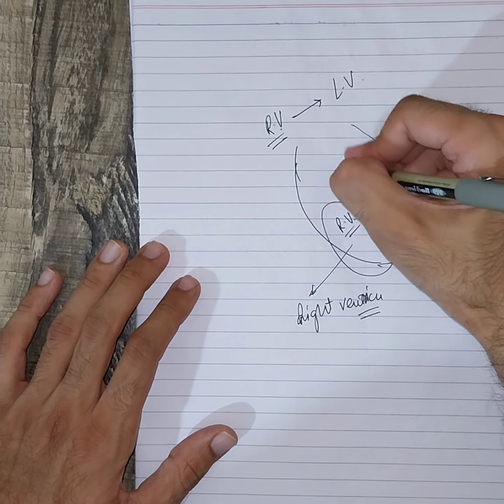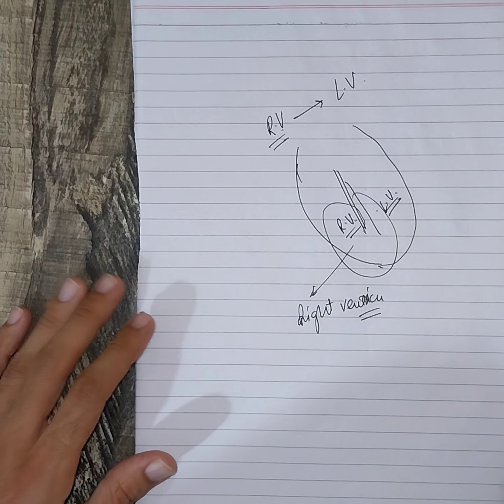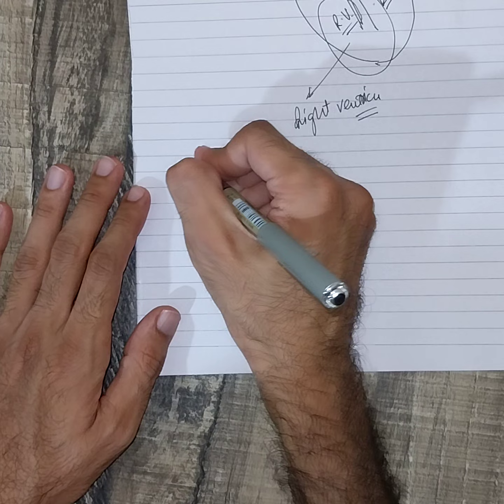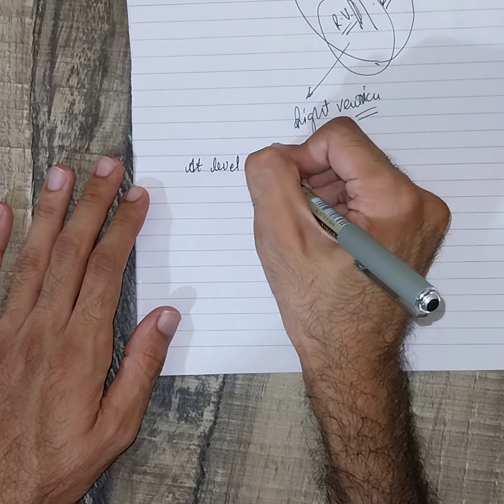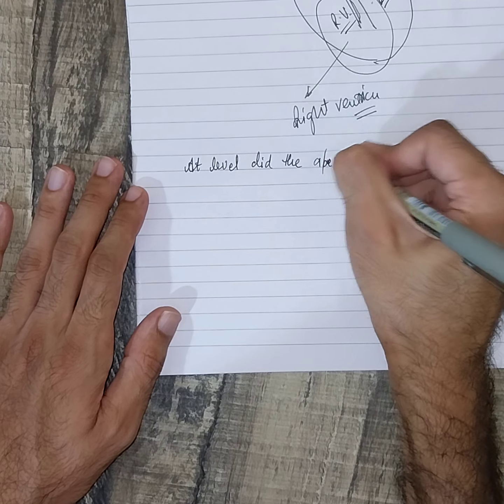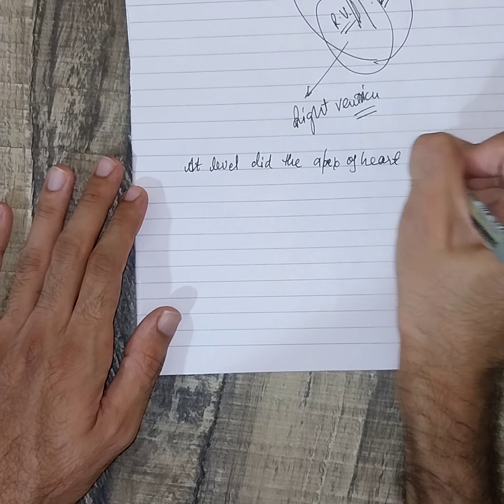So these are the important landmarks which are going to be asked in your MCQ. The first and major one is: at what level does the apex of the heart lie?